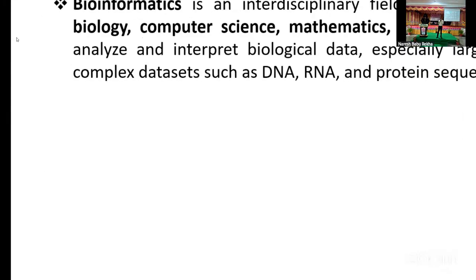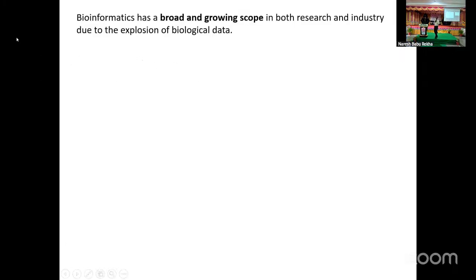That huge data needs to be classified and organized. For that classification and organization of the data, you require statistical and mathematical approaches. For example, mean, median, mode, standard deviation, t-test, ANOVA, MANOVA. That requires statistical analysis.